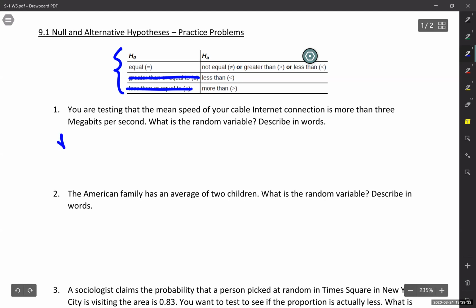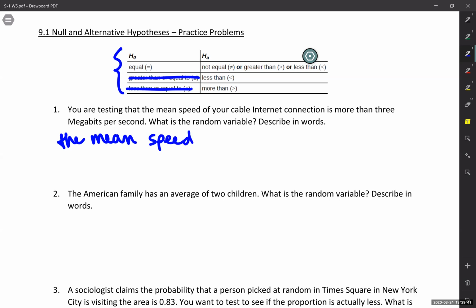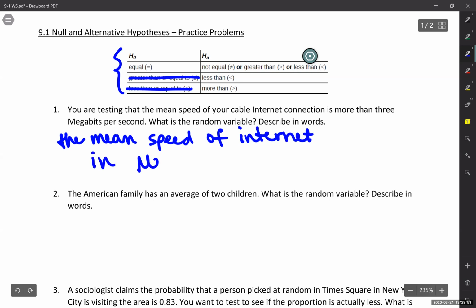I just want to know the variable. So the variable is the mean speed, or I guess the mean speed of the internet in megabits per second.